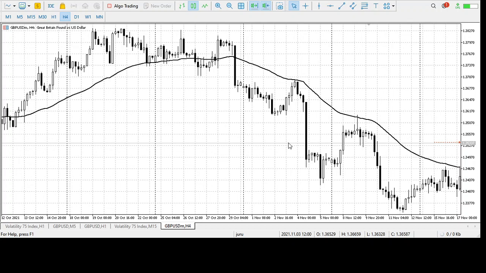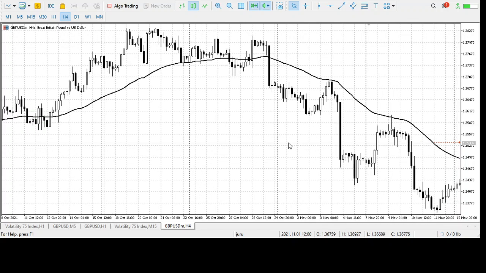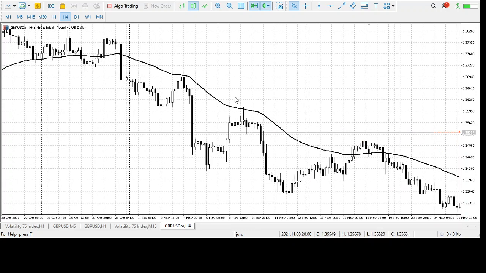And also we use the moving average, particularly the moving average period 50, to signal a possible trend change. Take note of the keyword: possible trend change. And also we can use the moving average as support and resistance. As you can see, in this case, it acted as resistance.